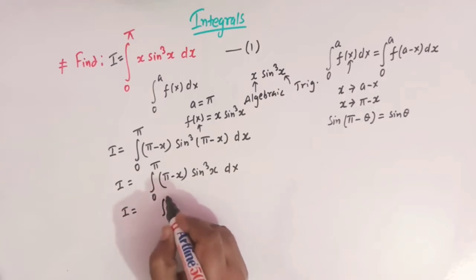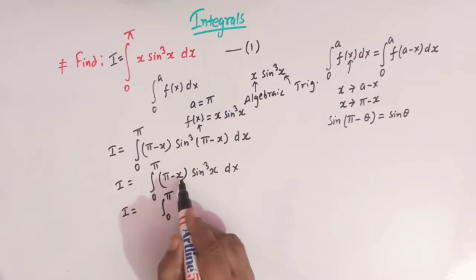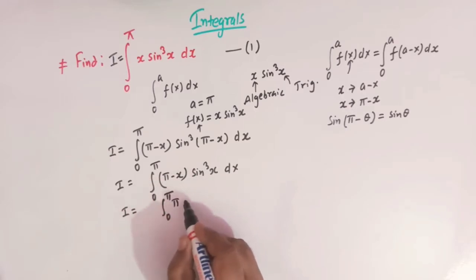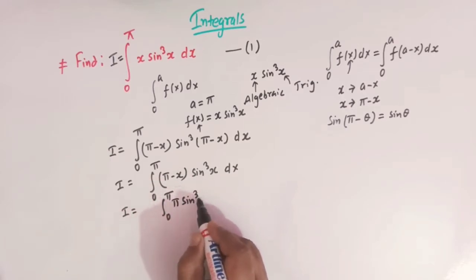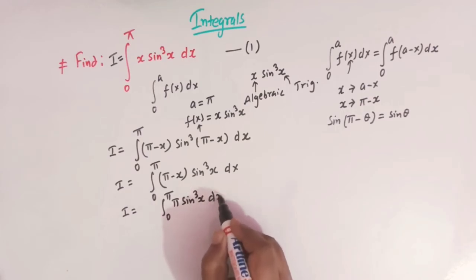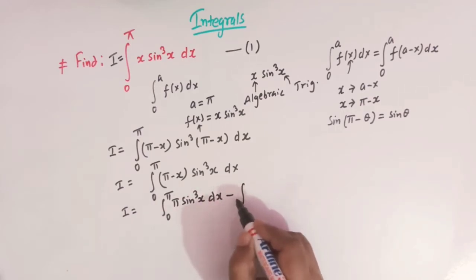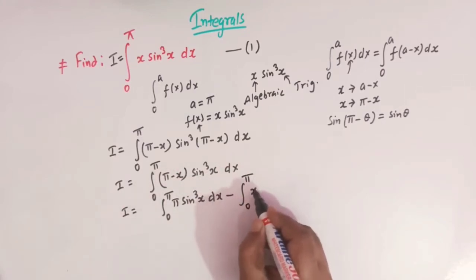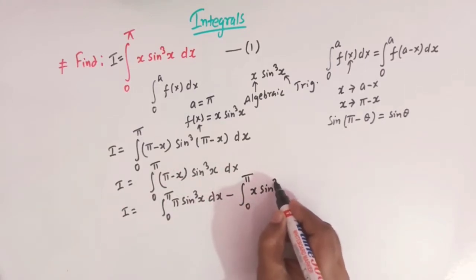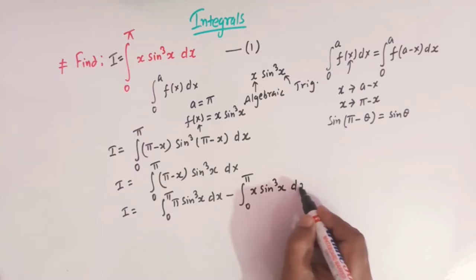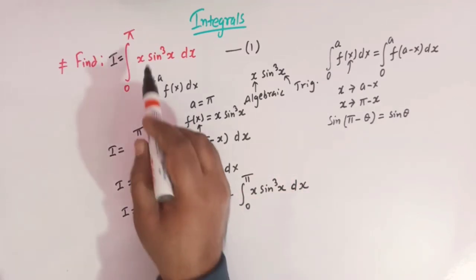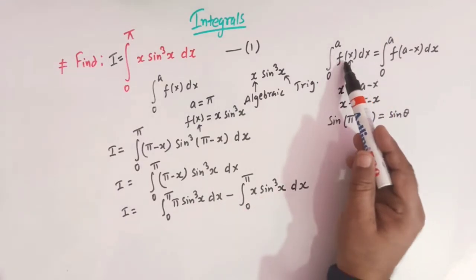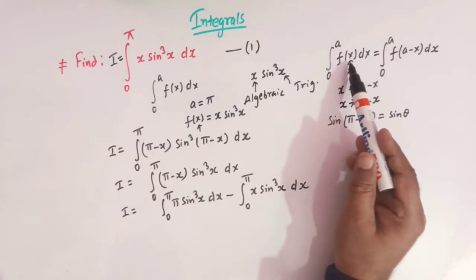So we have the integral from 0 to pi, and here we get two integrals. The first one is pi times sine cube x dx, and then minus the integral from 0 to pi of x times sine cube x. Now this integral is reduced to this one by making use of this important property.